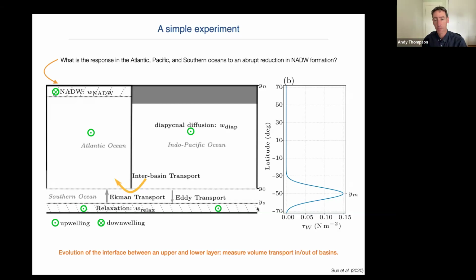So for this experiment, the first results I'm going to show you, we do a perturbation that reduces the amount of volume transport between the upper layer and the lower layer in the high latitude North Atlantic. This is a representation of a suppression of deep water formation, which you might anticipate would give you a reduction in the strength of the AMOC.